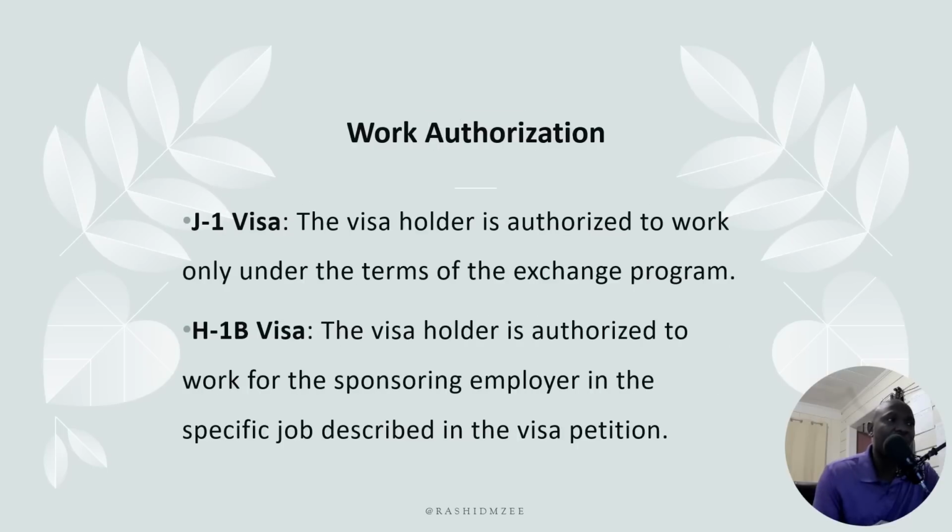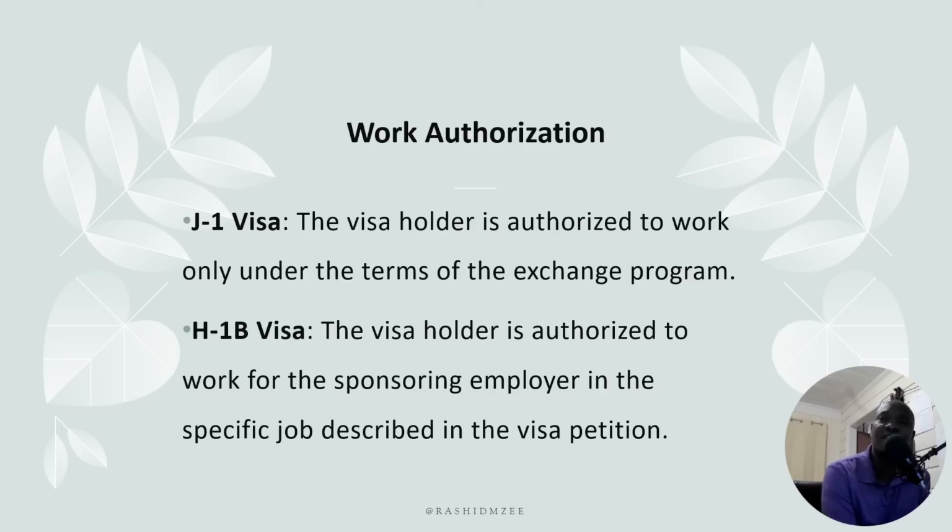Okay. Now the next thing is work authorization. For the J1, you are authorized to work only under the terms of the exchange program, which is written on the DS-2019. And that is where they say this person is authorized to be maybe a teacher or a doctor or a nurse or whatever it is. And that is what you have to do. Okay. For the H1B, the visa holder is authorized to work for the sponsoring employer in the specific job described in the visa petition.